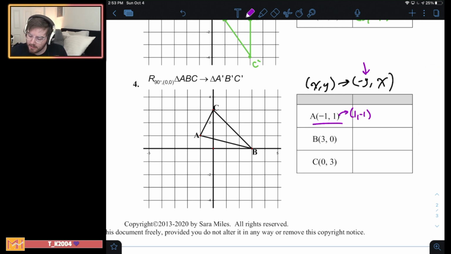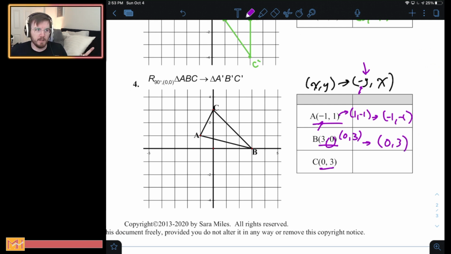So now it's negative 1, negative 1. X is still staying negative. No one said to change the sign. So when it switched and went here, right, it's going to be negative 1, and it's going to stay negative 1. All right. With this guy, they're switching places, so 0, 3. And then the y value becomes negative, but again, you can't really make 0 negative, so it's going to stay put.